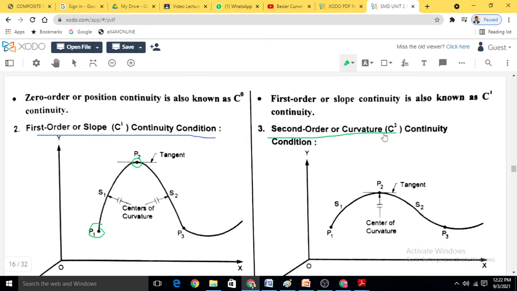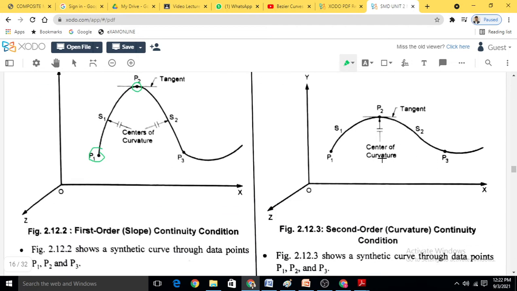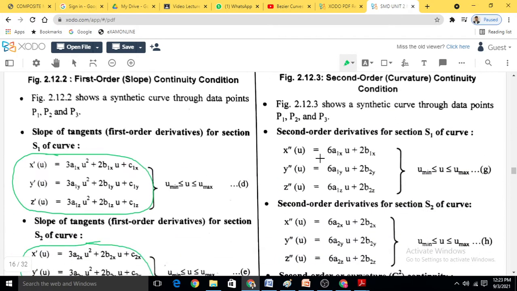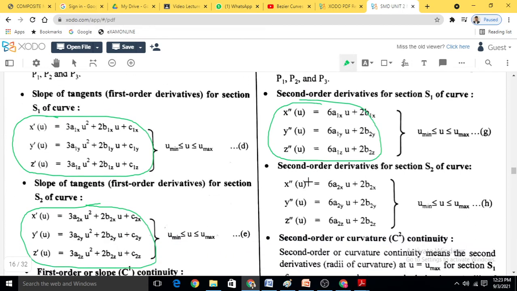In the second order continuity condition, we take the second derivative of the equation of the curve. If we take the second order derivative for section 1, we will get this equation, and if we take the second order derivative for section 2, then we will get this equation, and the value of u here is u minimum to u maximum, here also u minimum to u maximum.